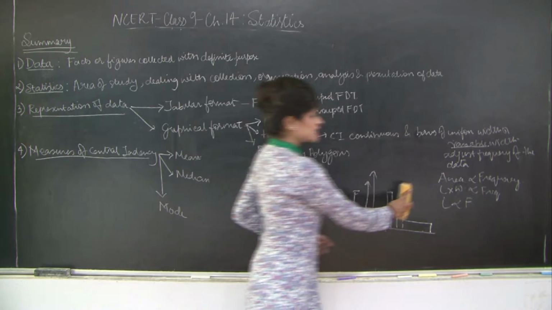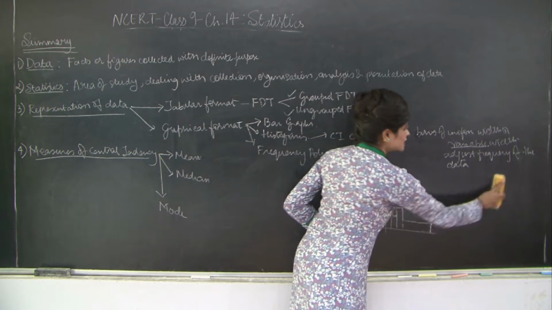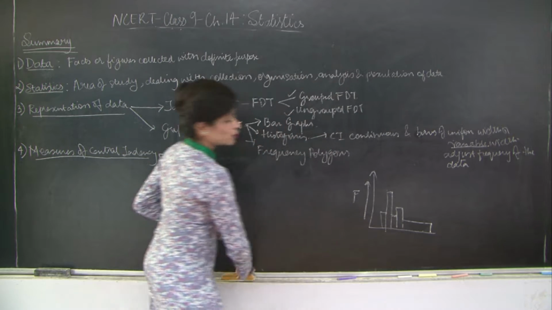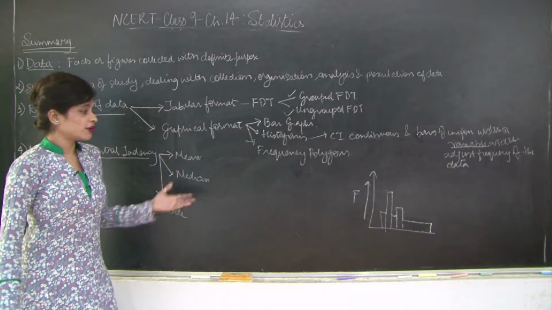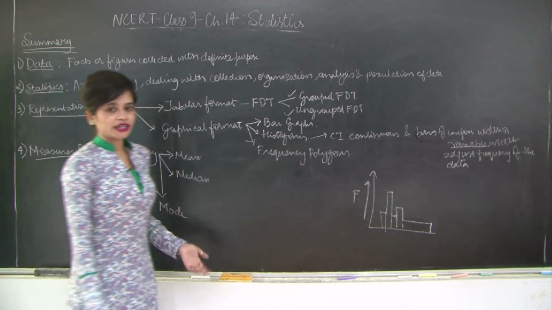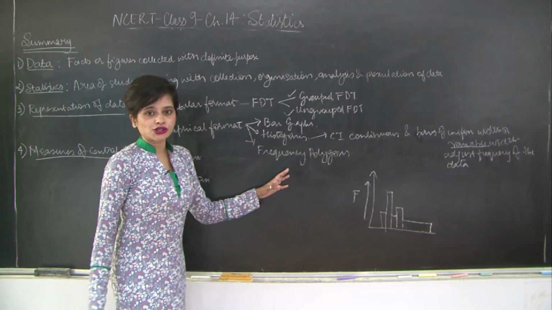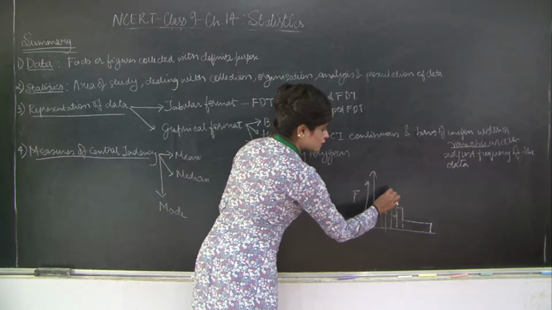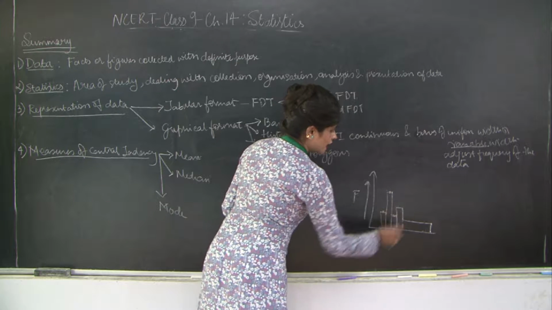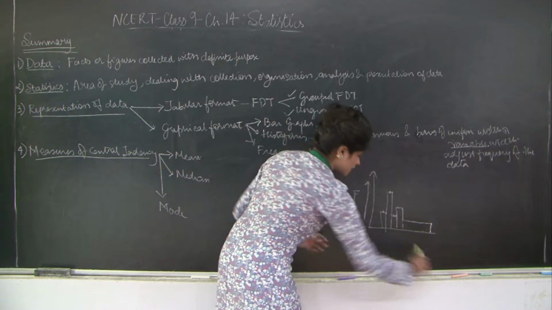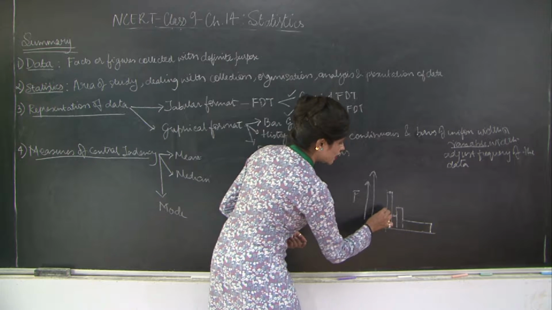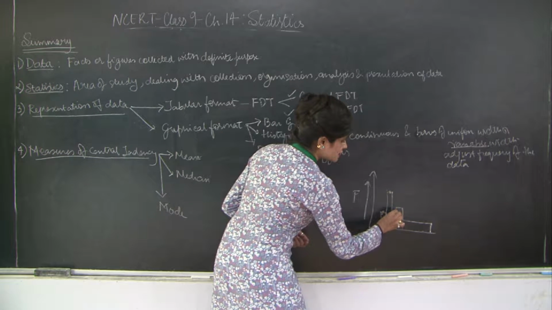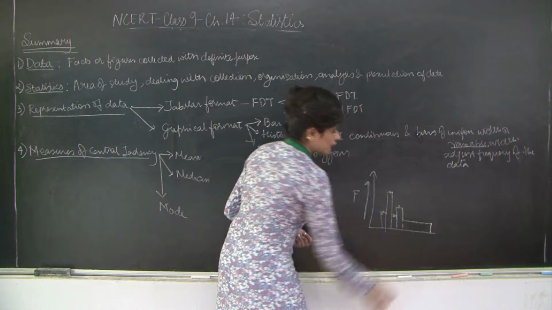Then comes frequency polygons. Now frequency polygons can be drawn using either the histogram or by using the class intervals, right? How do we draw frequency polygons using the histogram? We are going to take the midpoints of each of the bars of the histogram. So I will take the midpoints using a different colored chalk. So let's say this is the midpoint, this is the midpoint, this is the midpoint, and this is the midpoint out here.